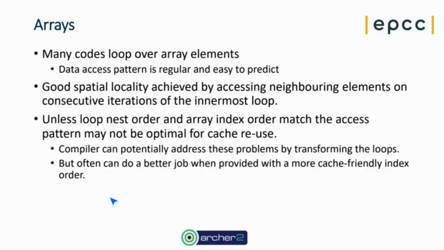We think about the cache behavior. The first element of the cache block that gets accessed will cause that cache block to be loaded into the cache. And then if the next loop iterations access the neighboring elements, those have already been loaded because they are on that same cache block.